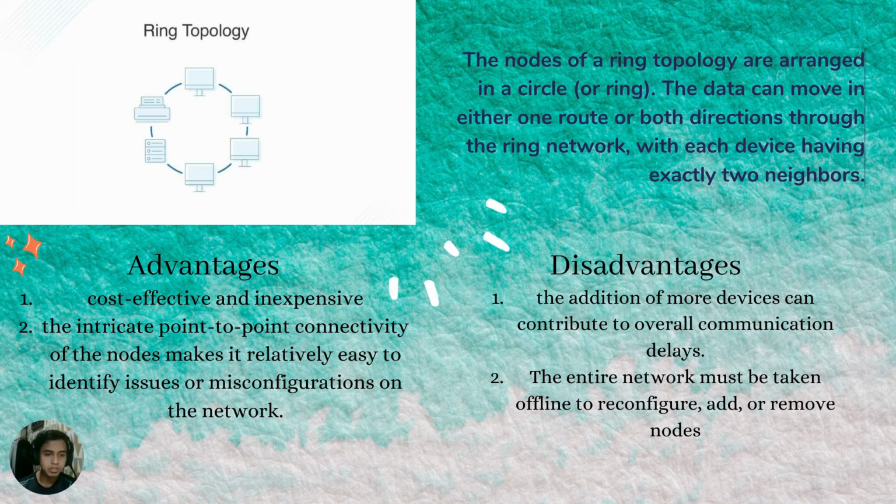The second, the intricate point-to-point connectivity of the nodes makes it relatively easy to identify issues or misconfiguration on the network. A disadvantage for ring topology is that the addition of more devices can contribute to overall communication delays. And the second disadvantage is that the entire network must be taken offline to reconfigure, add, or remove nodes.